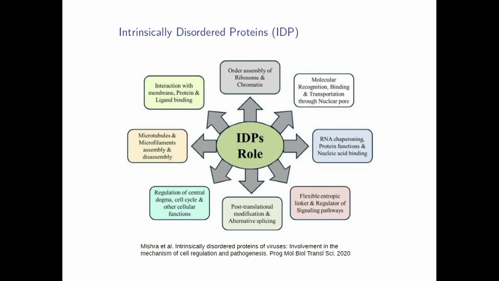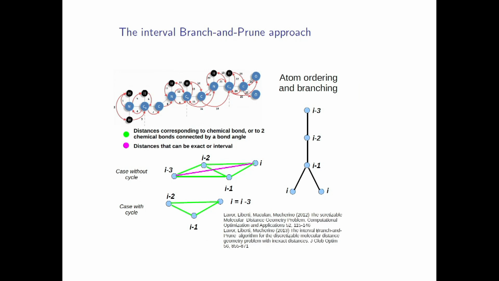And so in this frame, we cannot apply a method in which we are searching for the convergence of coordinates. It is in this frame that the method developed by Antonio and the co-workers became interesting.